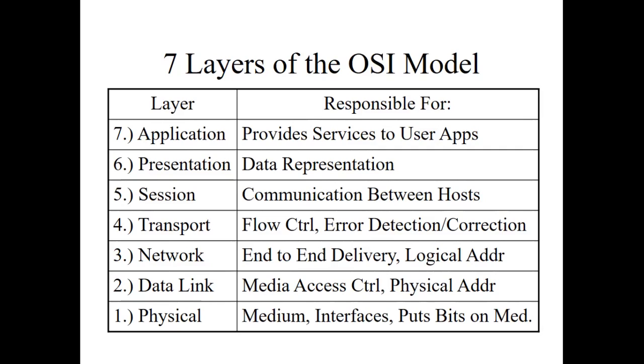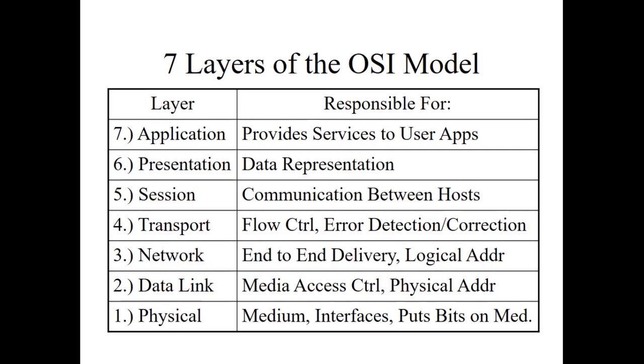Next is the session layer, which handles communication between one host and another host. The session is transferred from one point to another point. Presentation has the data presented, and application provides the different user applications.